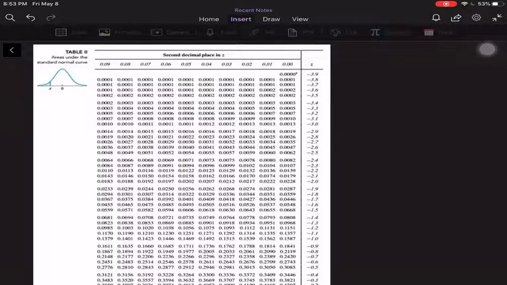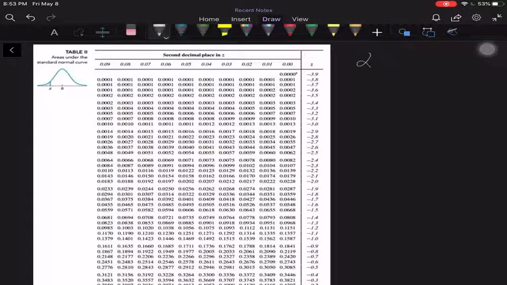So here we have a standard z-score table. This one's been taken from the back of the book. And if you remember, our alpha value is equal to 0.05. Now if we divide that by 2, we get 0.025. Now we're going to be looking up that 0.025 value along here somewhere.